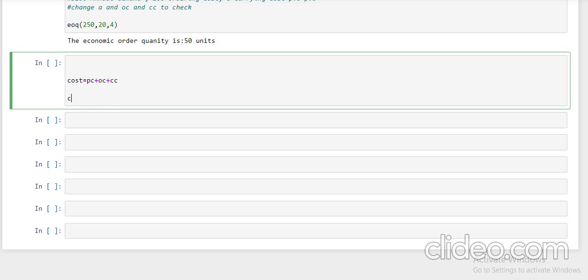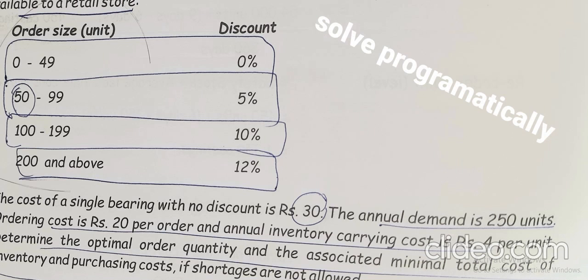Right? Now let's write. For this question there is a discount also, so we have to consider a variable discount. It's also changing, it's not constant, so for different values it's changing. So this is the extra thing. Ordering cost is 20 per order, okay, no problem. And carrying cost is 4 per unit, and EOQ is 50 units.